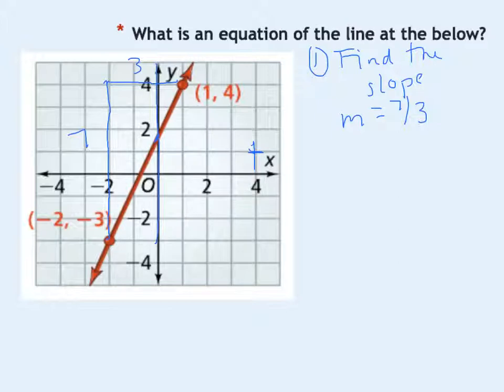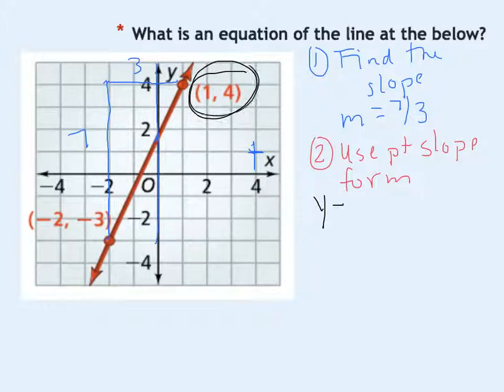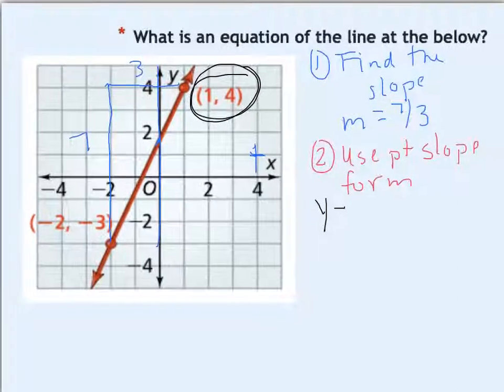Now my second step, I'm going to use point-slope form, and that is y minus y1. I'm going to use this point. You could use either point, you're going to get the same answer. y minus 4, that's my y1, is equal to my slope, 7/3, and x minus my x1.